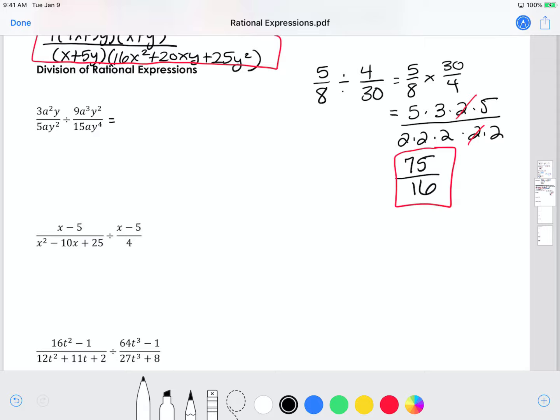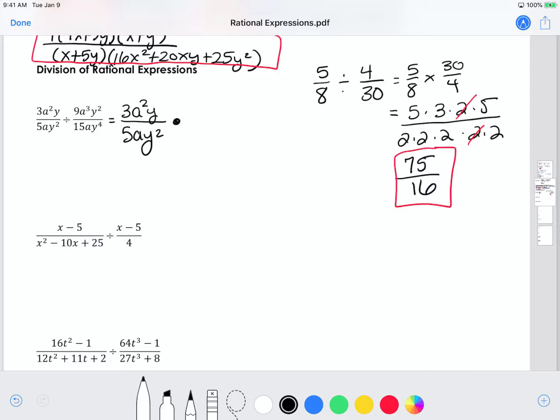So in this first example, we have 3a squared y all over 5ay squared, and I want to multiply that by the reciprocal of 9a to the third y squared over 15ay to the fourth.